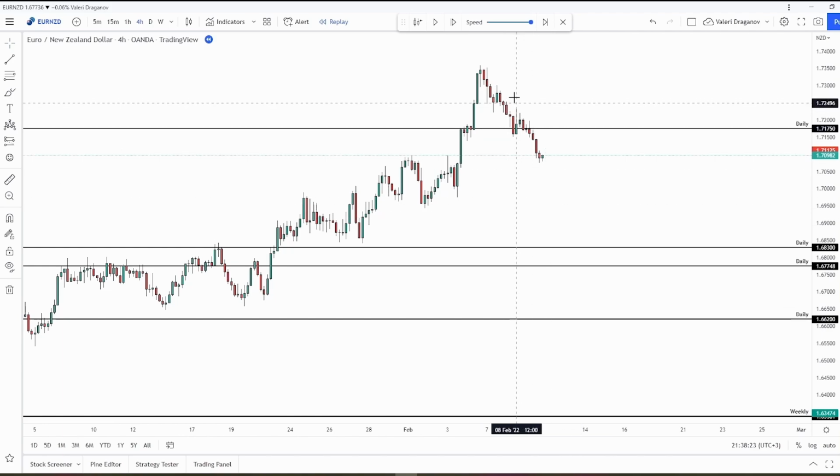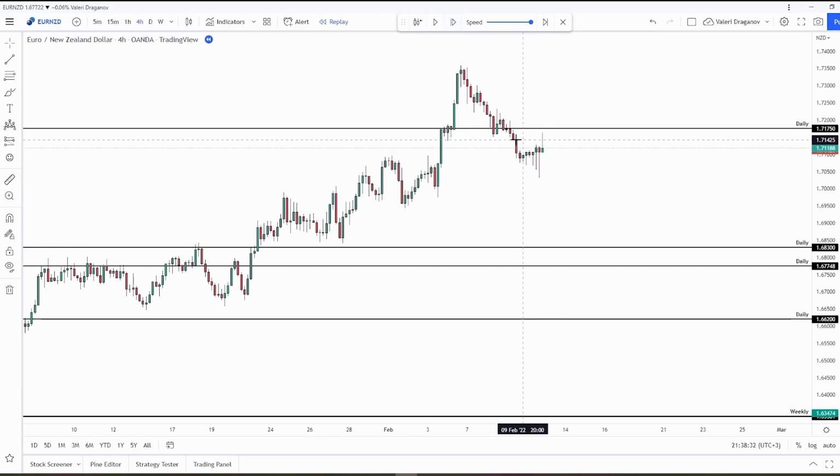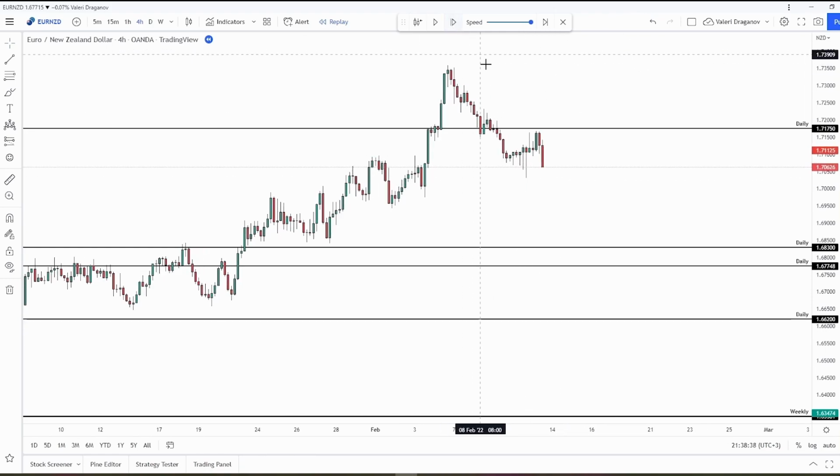For now, we are waiting for a correction to see what the price will do next. Here we can see that the price makes a bottom. Then we are waiting for a new impulse wave maybe. But we can see the price tests the daily level, forming a lower high than the previous one.